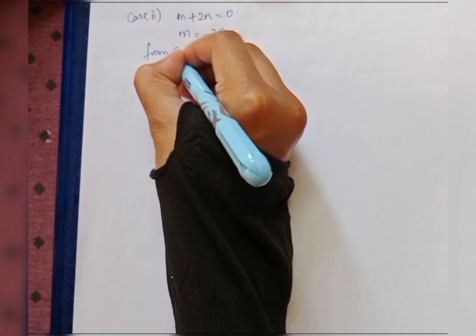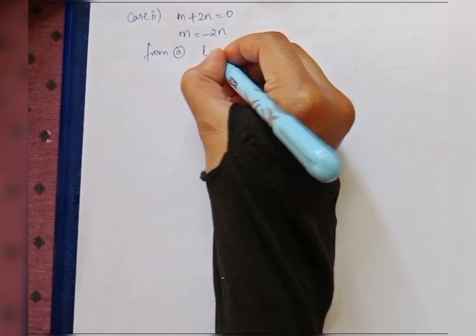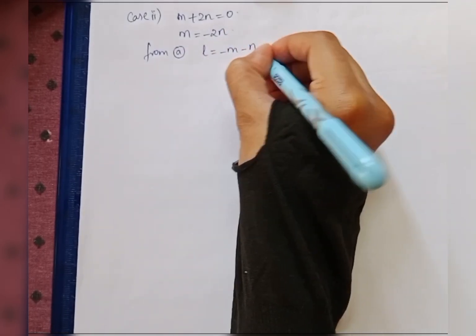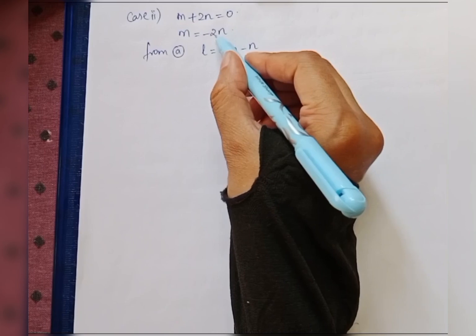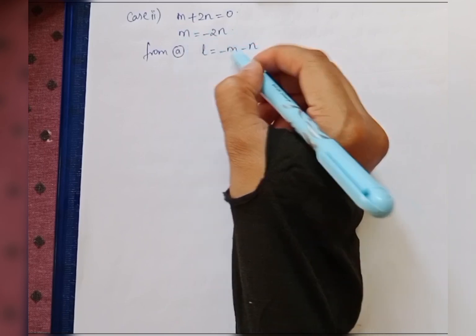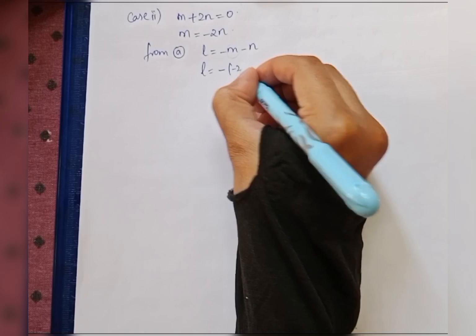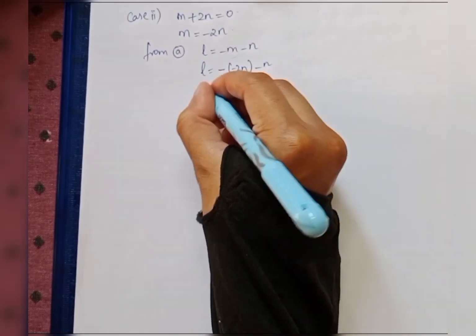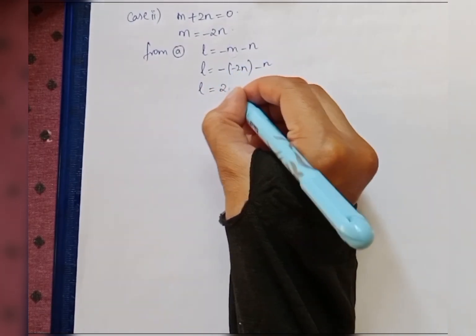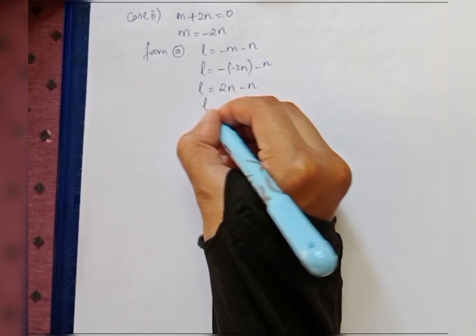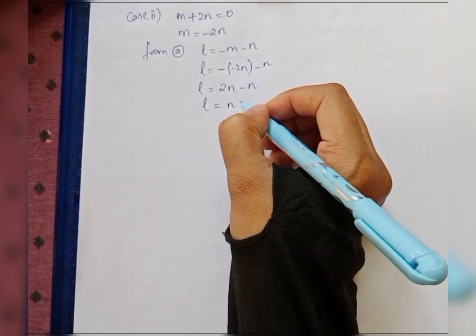From equation A, L is equal to minus m minus n. Substituting the value of m here, L is equal to minus of minus 2n minus n. So minus minus becomes plus, 2n minus n, L is equal to n.